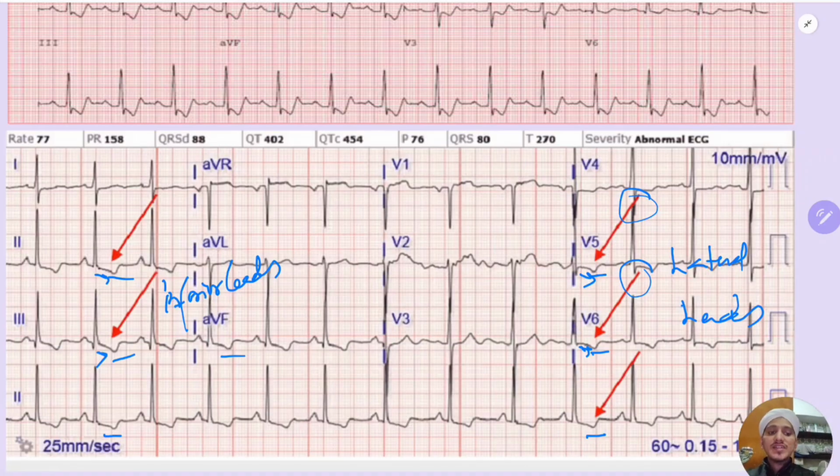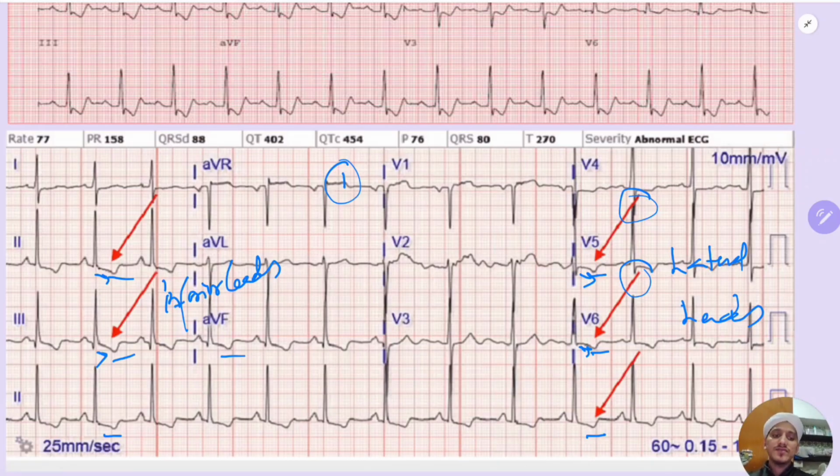Now, what is the differential diagnosis of only inverted T waves? If there is ST segment depression, it can be ischemia or infarction, and you differentiate by troponins. What is the differential diagnosis of symmetrically inverted T waves? We have discussed this. Many learners or teachers have not seen detailed videos on T waves.